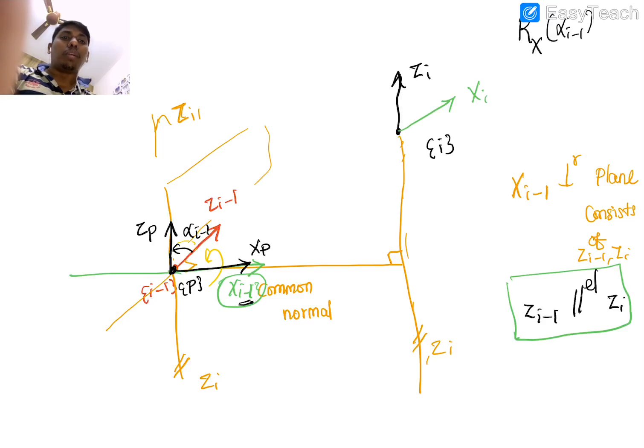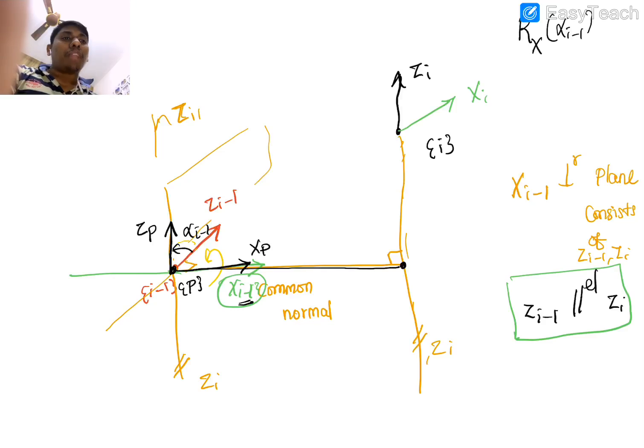Now the P frame and the i frame are a distance apart. Looking along xi or xp axis, that is the common normal. If I travel along that common normal, it is like taking a car and reaching the highway, so I will hit here.